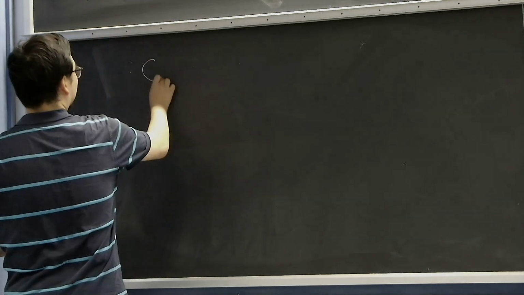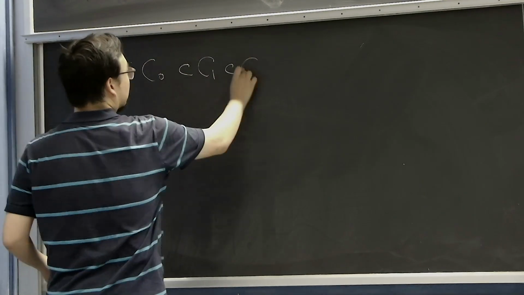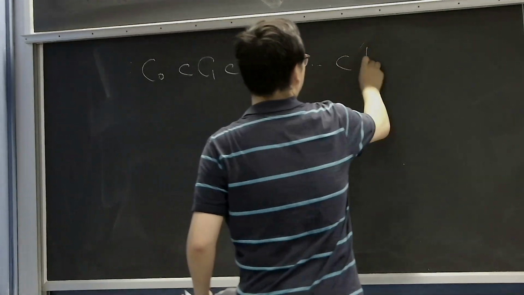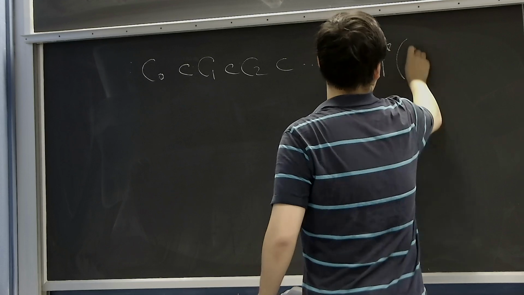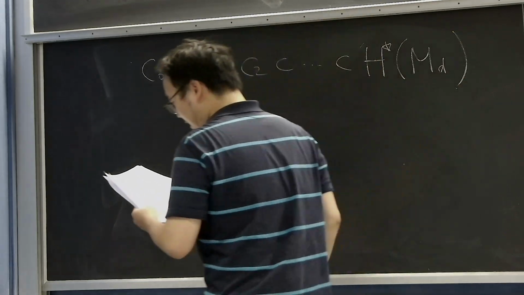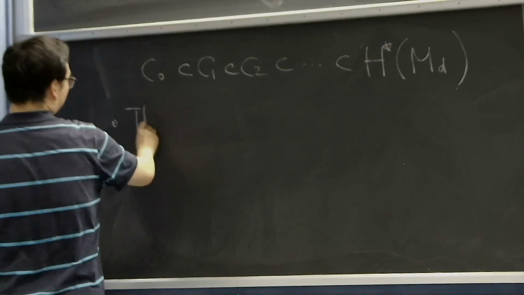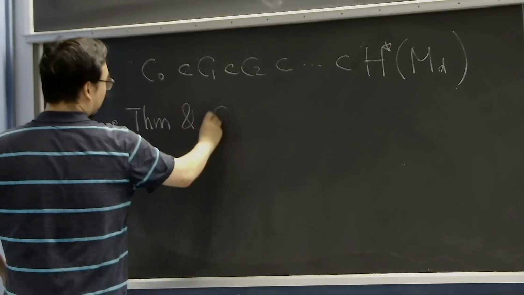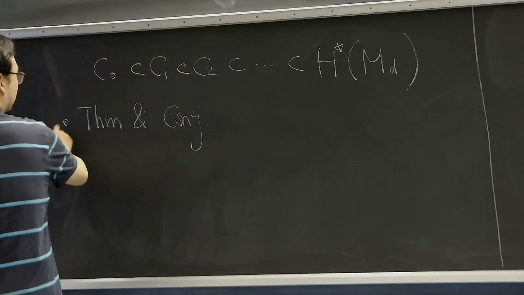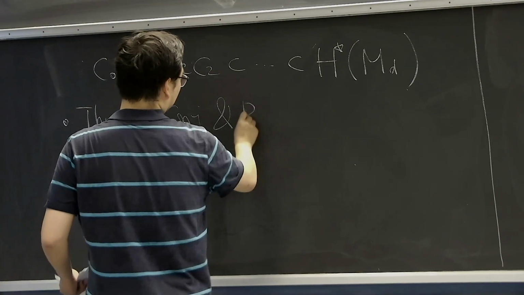Since by the first fact every class is tautological, this Chern filtration of course exhausts the entire cohomology. So you have C_0, C_1, C_2, and so on. These are two different structures. And so the next thing, let me introduce a theorem and a conjecture, and make some remarks.